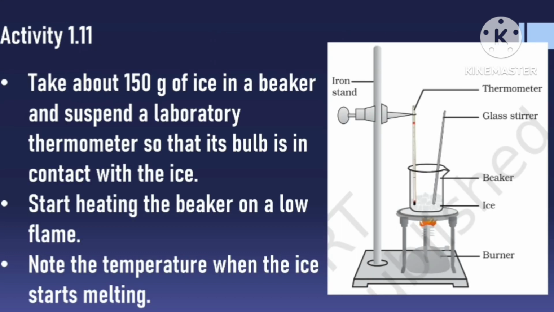Activity 1.11. Take about 150 gram of ice in a beaker and suspend the laboratory thermometer so that its bulb is in contact with the ice. Start heating the beaker on a low flame. Note the temperature when the ice starts melting.